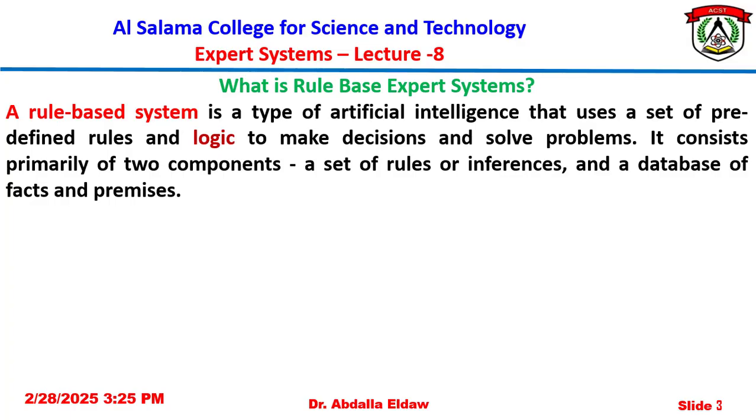It consists primarily, as I said, of two components: a set of rules, inferences, and a database of facts and premises. That means for a rule-based system, there are rules, and the system, according to a specified mechanism, makes inferences according to the existing databases.